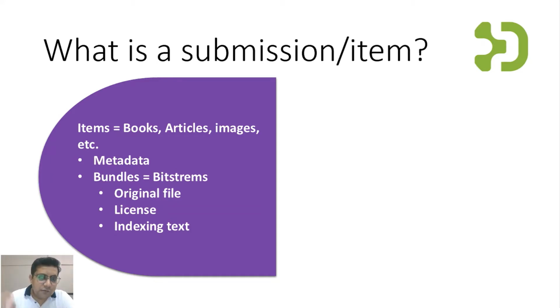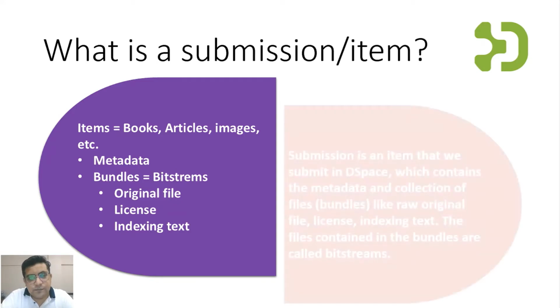And then every item has metadata. Of course, it has bibliographic description, some record files, and then bundles. Bundles is equal to bitstream. Bitstream is actually the representation of bundles, and every bundle has the original file in some format like PDF or HTML or text file or image file, and then a license to distribute that file, and then indexing text, of course.